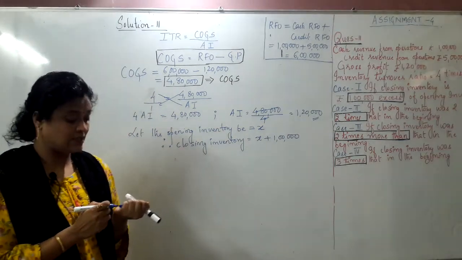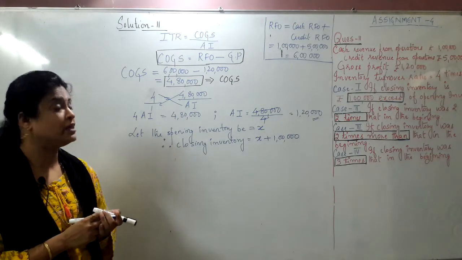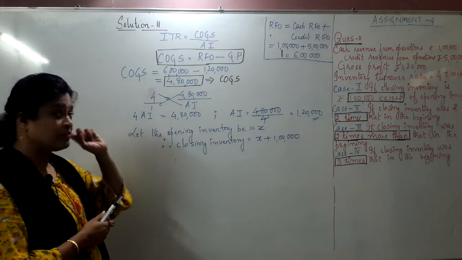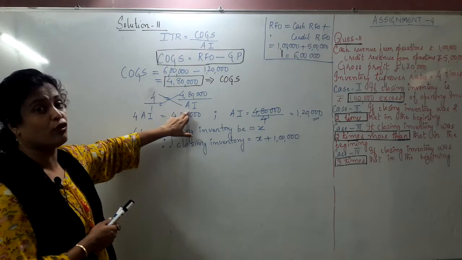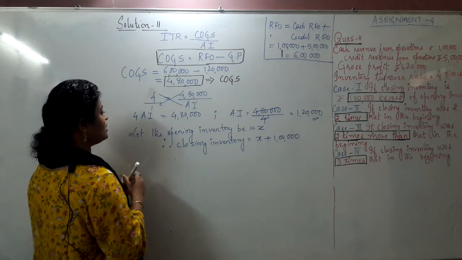Now the question arises how to calculate its value. It's not a pure value, it's in variable format. For this purpose, we can use the formula for the average inventory. So you know the formula for the average inventory, children. What is the formula?